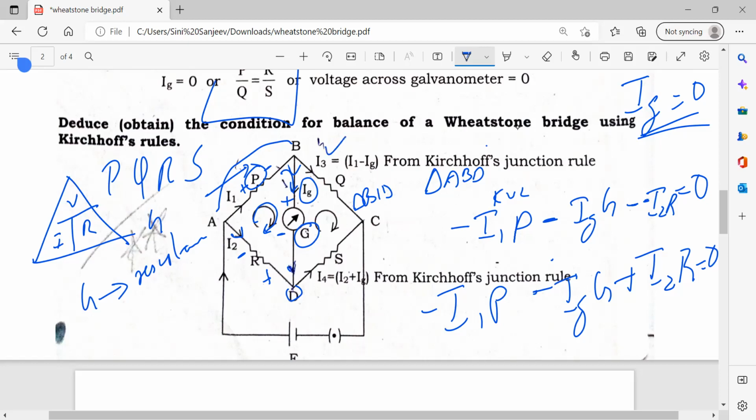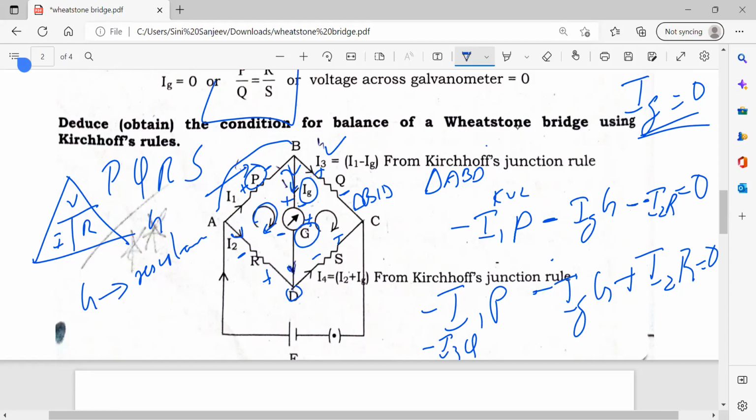So here for BCD, it is I3Q. Again put plus and minus here. Everything I'm taking clockwise. Then galvanometer G will become plus and minus. So plus minus in the sense I have to put minus. Minus I3Q.